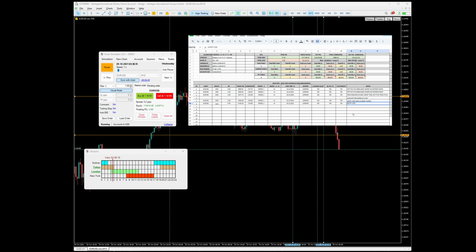We're going to add a bit of description here on the entry CSD type. Very clear POI and great RRR. I didn't see any difficulties with this model.